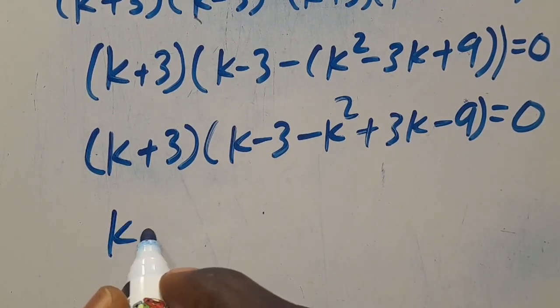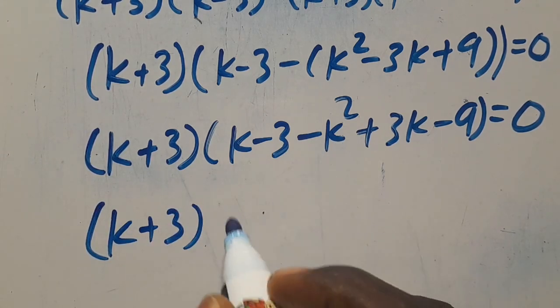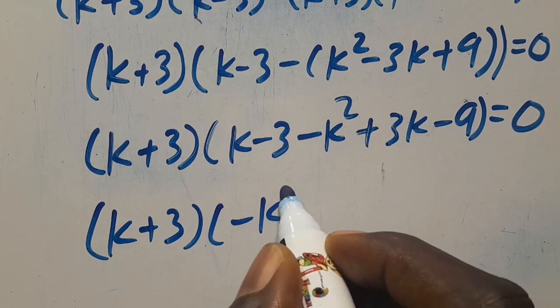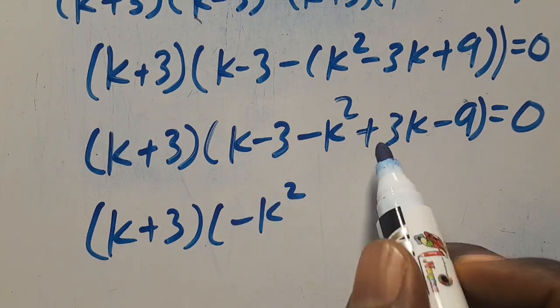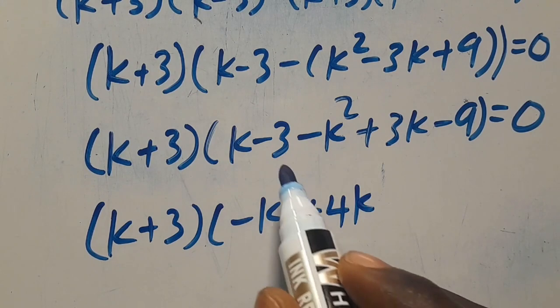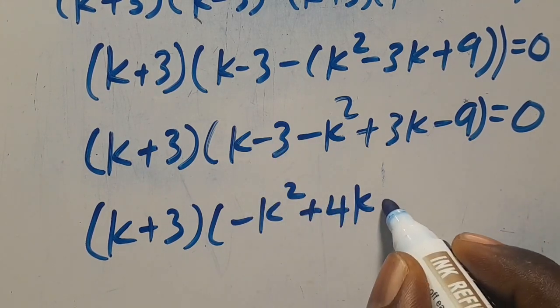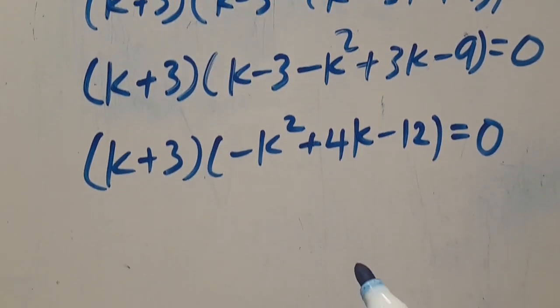Here we have k plus 3. We have to arrange this. Here will be minus k squared. So from here we have k plus 3k will give us plus 4k, minus 3 minus 9 will give us minus 12. Then we set everything to be equal to 0.